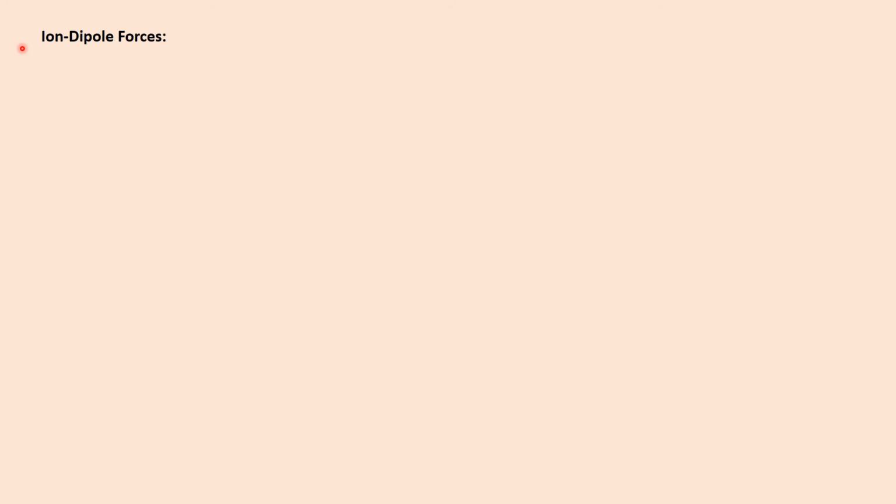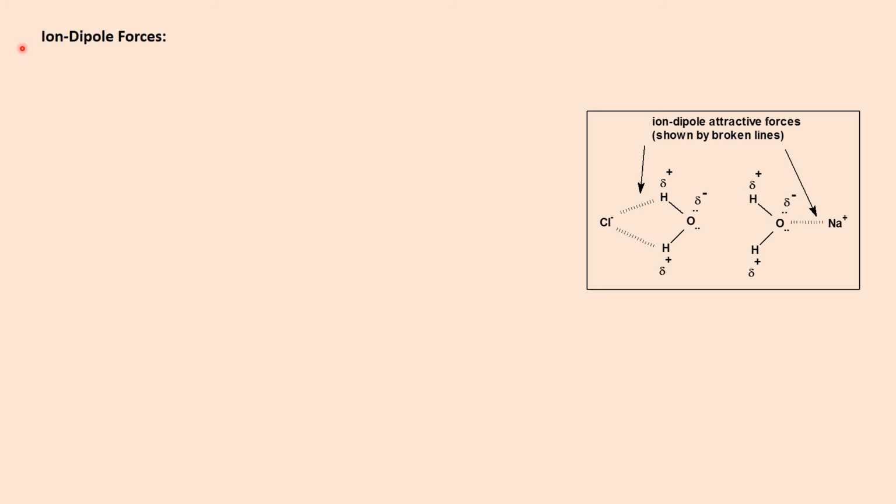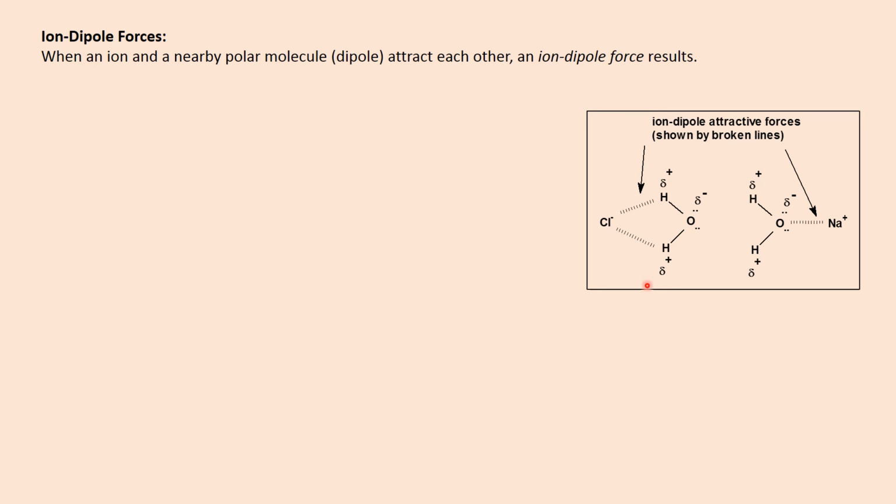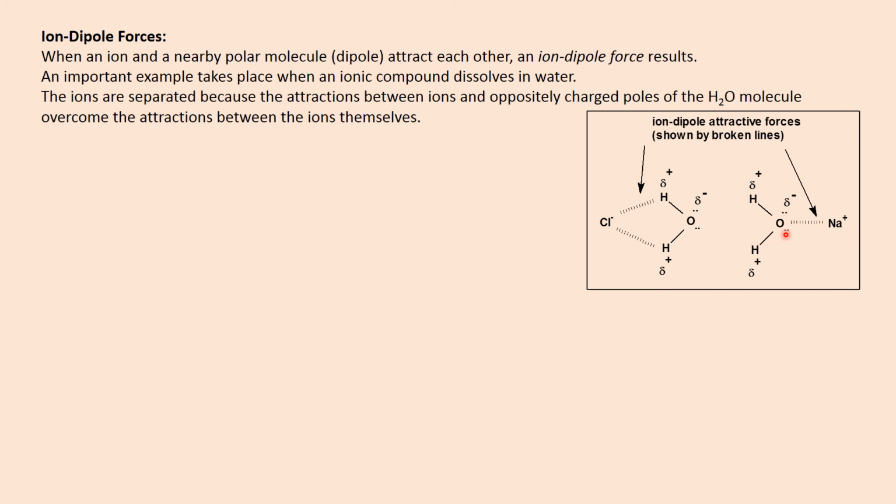Let's look at an ion-dipole intermolecular force of attraction. So when an ion, such as chloride or sodium, and a nearby polar molecule, such as water, attract each other, this is called an ion-dipole attraction. An important example takes place when an ionic compound dissolves in water.